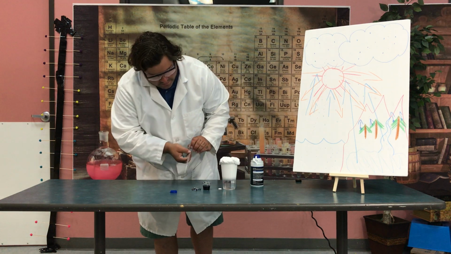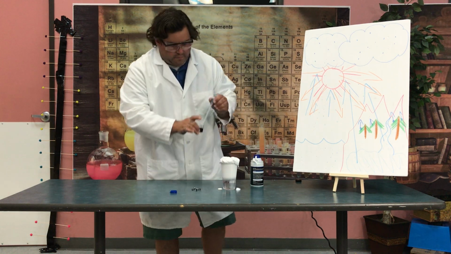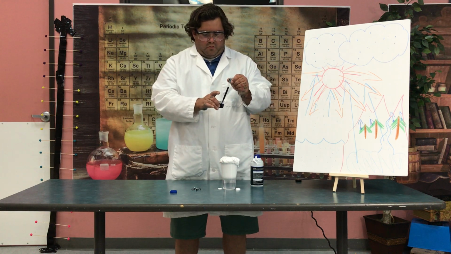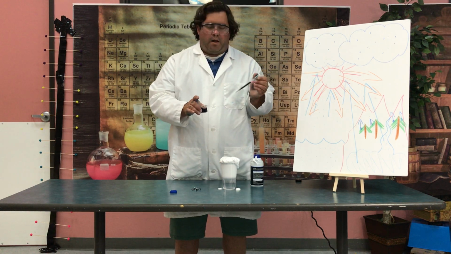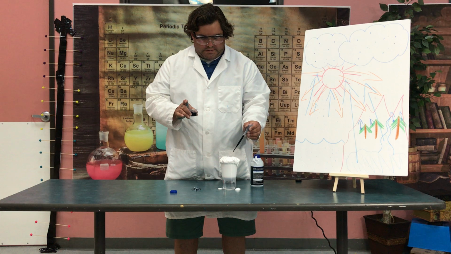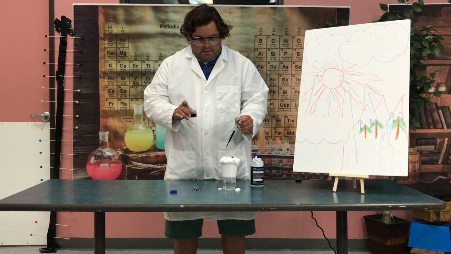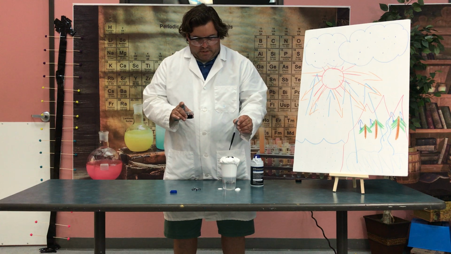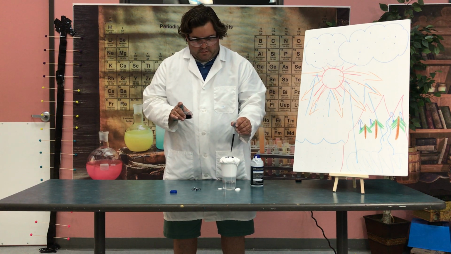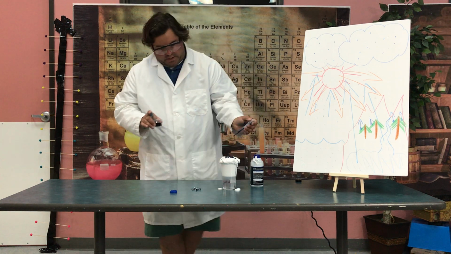And then the blue represents the water molecules that are forming inside this cloud. And eventually, it's just become way too heavy, and those water molecules are going to start to go back down.